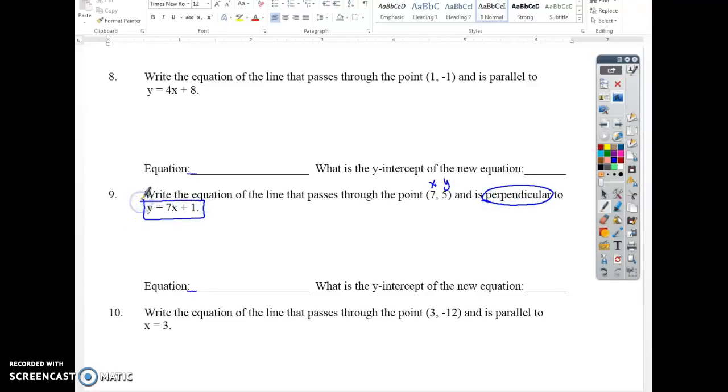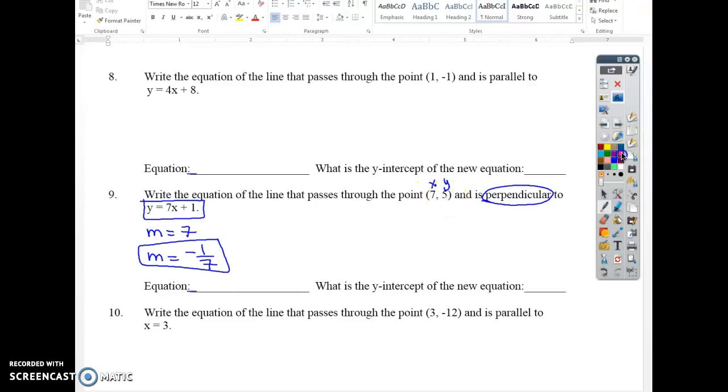So, what's the slope of this one? 7. M equals 7. If I want it to be perpendicular, what is it going to be? It's going to be a negative 1 over 7. You flip it, and you change the sign.